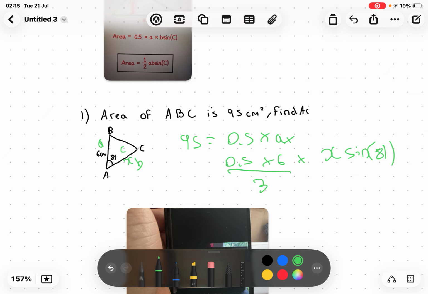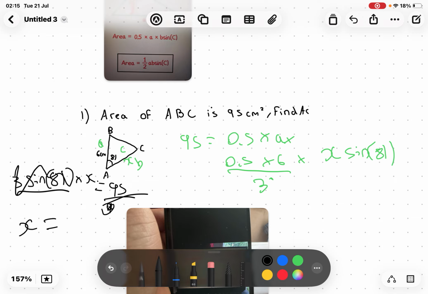This is going to be 3, so we can straight away do 3 sine 81 times x is equal to 95. We divide this whole thing by this, and so we will get the answer for x, which is 32.1 centimeters.